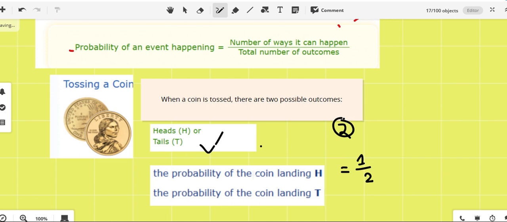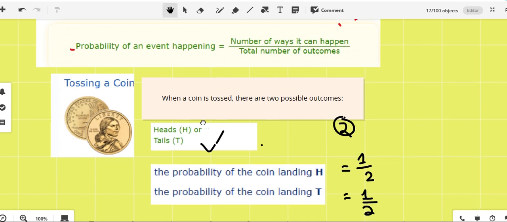Now the probability of the coin landing tail is also the same, 1 out of 2, because there is just one possibility for tail, so it will be 1 out of 2.